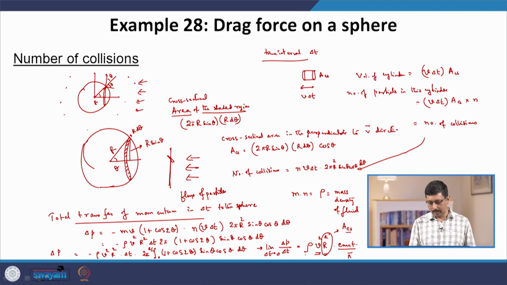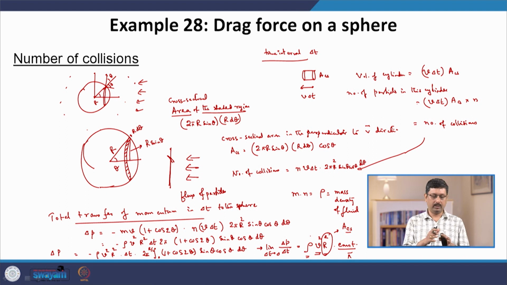And this drag force, considering the magnitude only, is again proportional to the density of the fluid. So, this was the conclusion before based on dimensional analysis. Now, we arrive at the same conclusion based on the actual physical picture of collision between the fluid and the sphere. So, this is how the drag force originates.